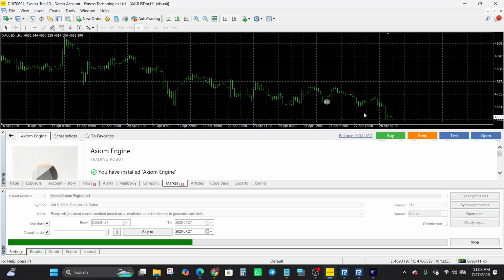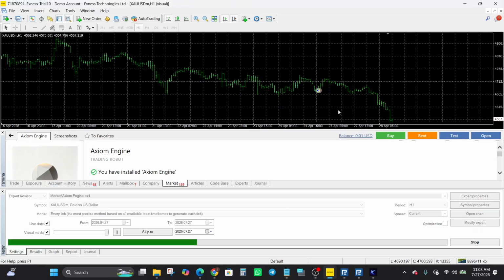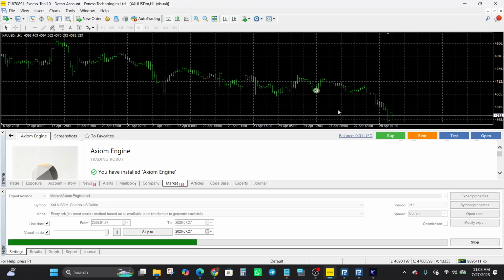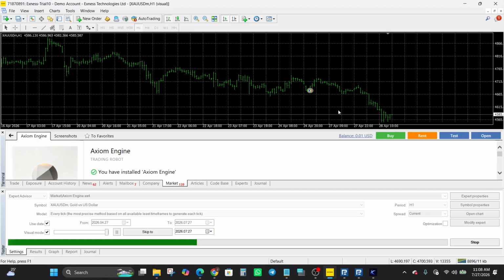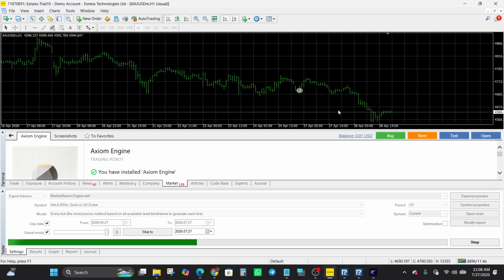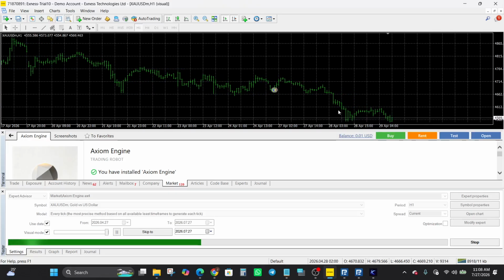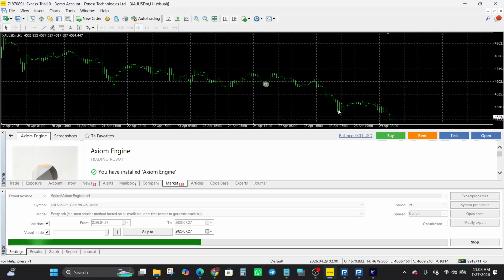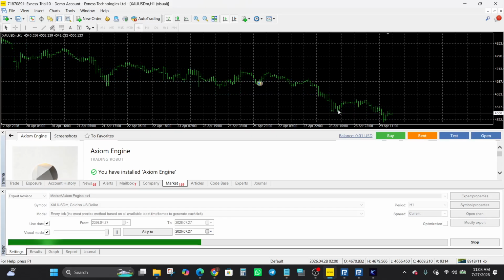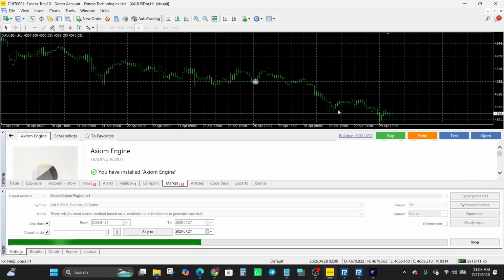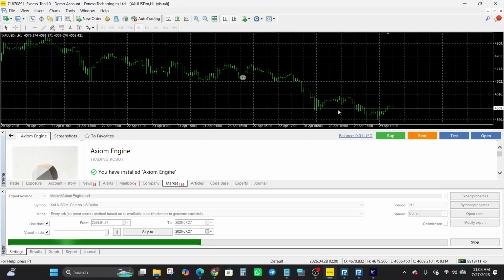But to wrap up, based on the available information, Axiom Engine under its AdaptiveTrendGrid Pro description is a genuinely elaborate system with a deep multi-layered risk architecture built specifically for gold. But this particular backtest, run with what appears to be a test mode flag enabled, produced only a single negligible trade.